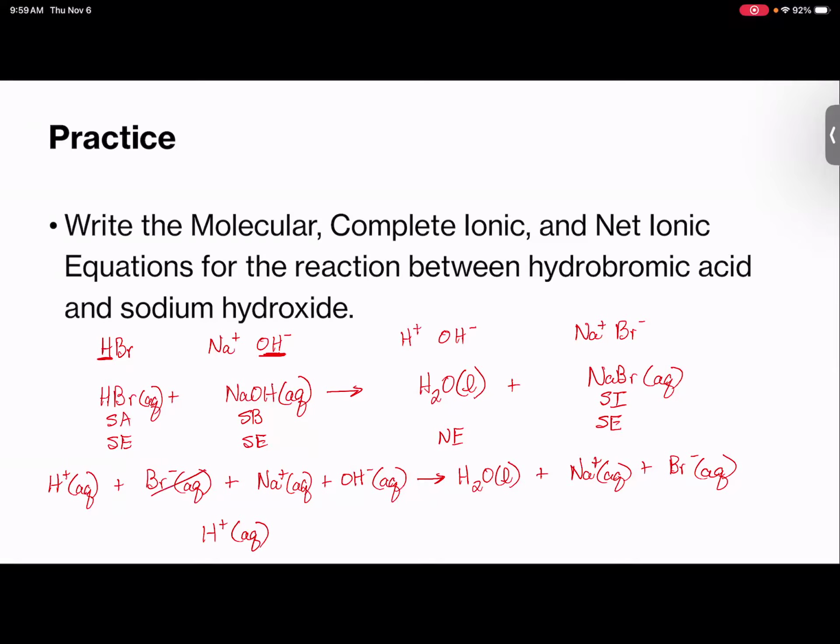Yes, so bromide is a spectator ion in this process. On the reactant side, I have Na plus aqueous. Do I have Na plus aqueous on the product side? Yes, so sodium ion is also a spectator in this process. On the reactant side, I have OH minus aqueous. Do I have OH minus aqueous on the product side? No, so I bring it down. And once you've gone through all of your reactants, any product that is still remaining can be brought down into the net ionic equation.